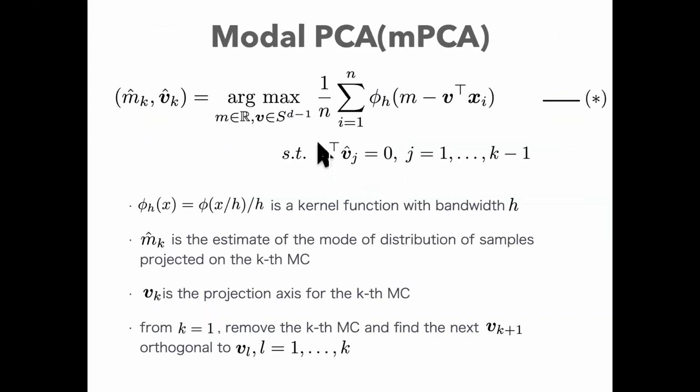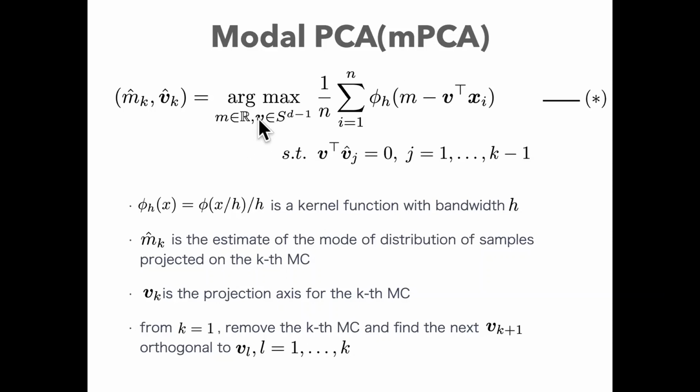We propose modal principal component analysis as a robust variant of PCA. Modal PCA, or MPCA, is formulated as an optimization problem with respect to both the projection vector v and the mode m of the data projected by the vector v.